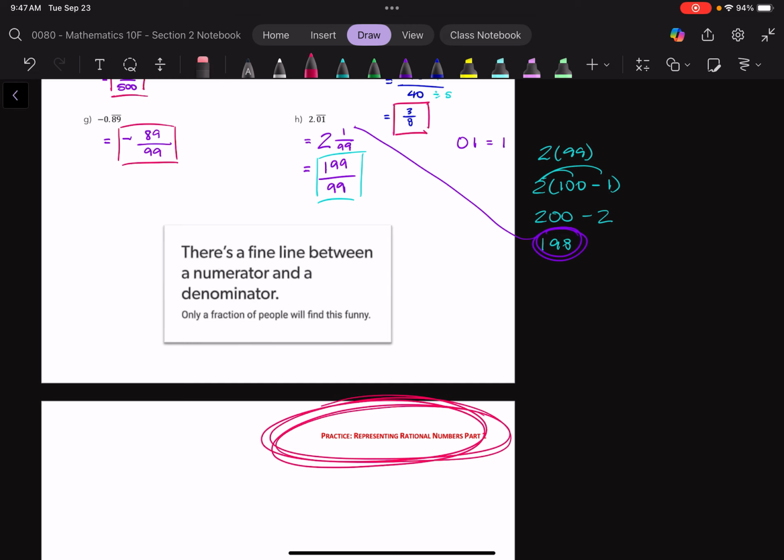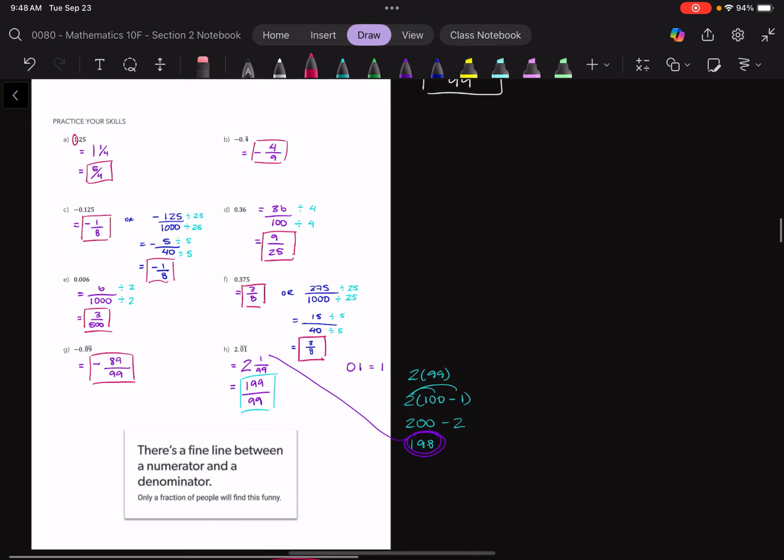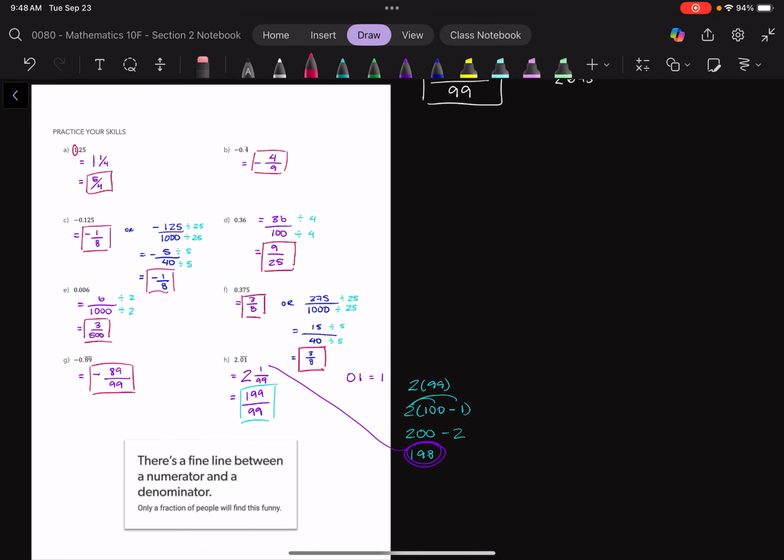Okay? I will let you know that not tomorrow, but later this week, we will end up having our first check-in. Now, our check-in is 4 marks, but it will just be a couple of different examples of converting fractions to decimals and a couple of different examples of converting decimals to fractions. I will not ask you to show your work.